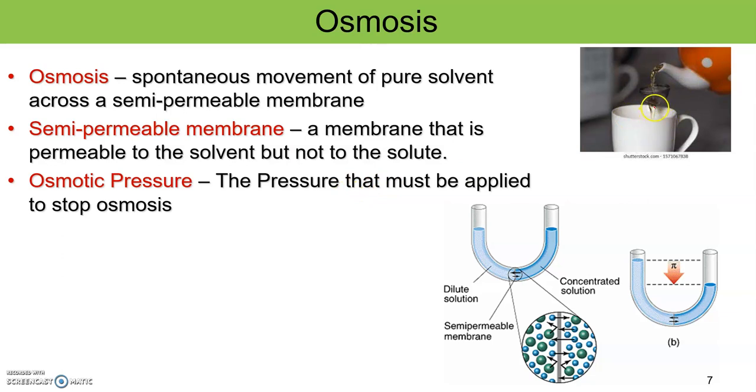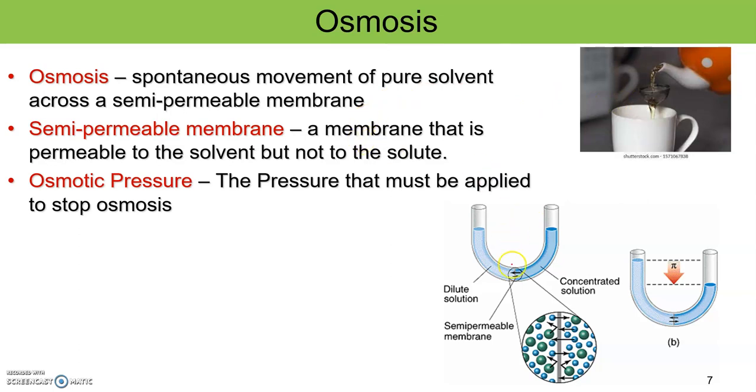So what does the membrane do? A sieve is like a membrane, it separates the water and also the powder. So that is how osmosis works.